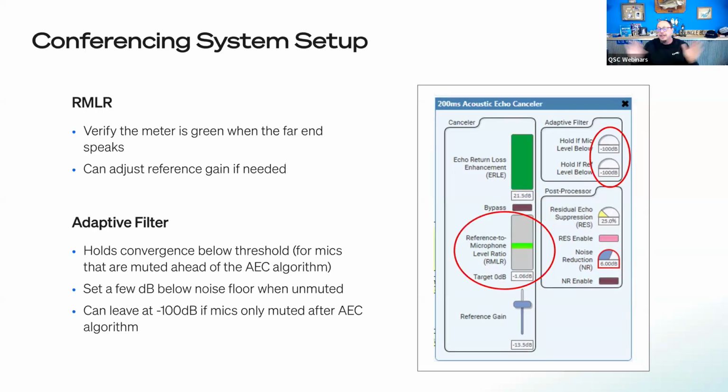The RMLR, this is the easiest meter in Q-SYS to use. And what this is looking for is the reference to microphone level, right? So if you're providing too much reference to the algorithm, that bar is going to go from green in the middle up to yellow, orange, and red. If you don't have enough, it's going to go yellow, orange, red down. So when you're talking, what you're going to do is get on a call, have the far end talk into the room.